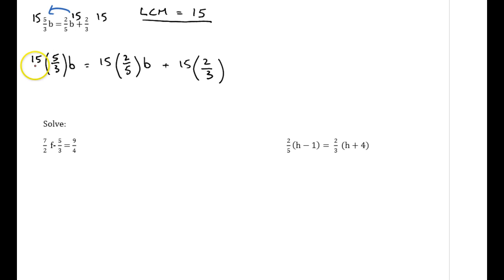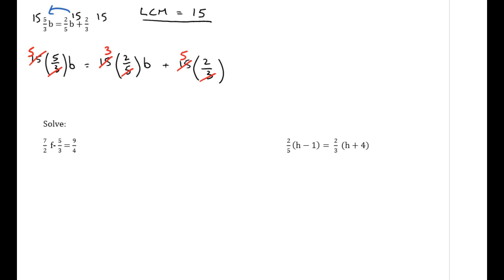This here is going to simplify: 15 divided by 3 is 5. Here, 15 divided by 5 turns into a 3, and 15 divided by 3 again over here turns into a 5. So really what I end up doing is eliminating all the denominators.